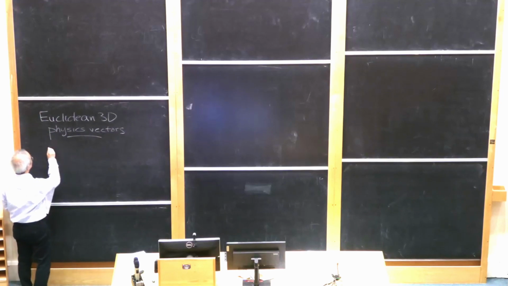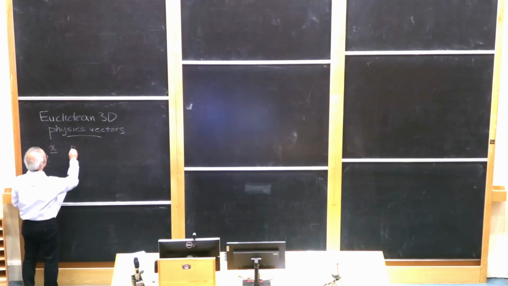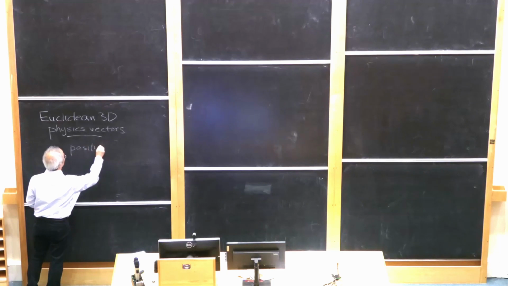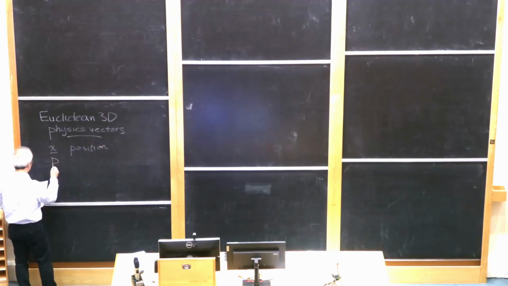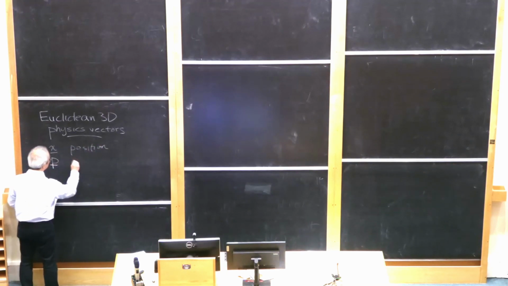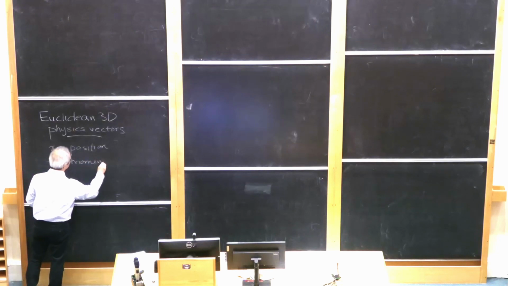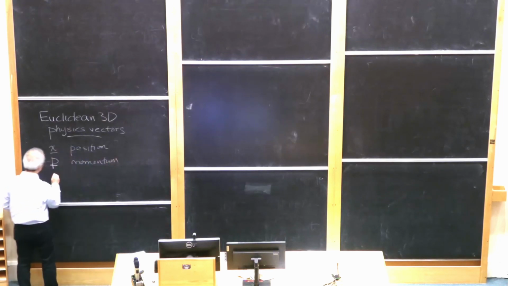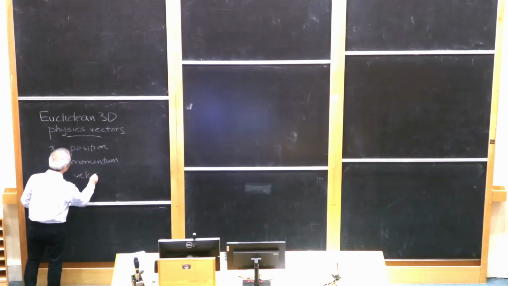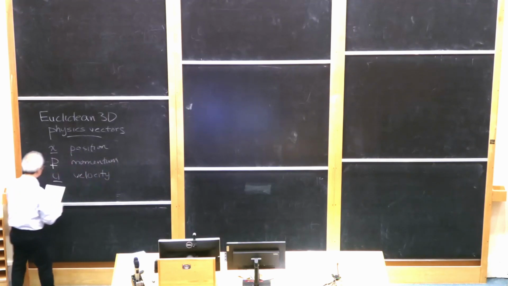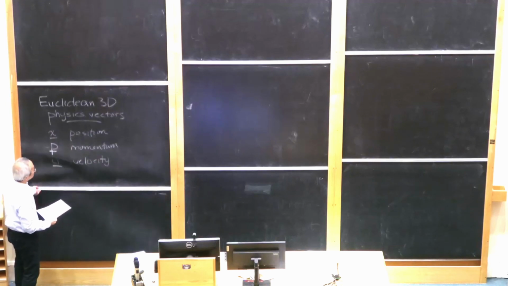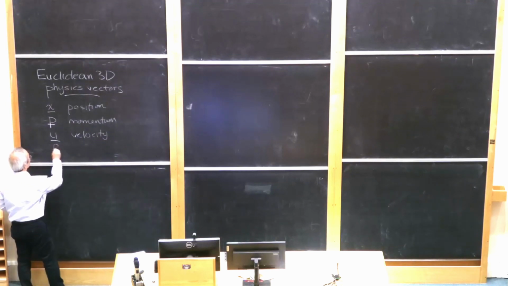Of course, you have things like position, momentum, and oftentimes, for some reason, we use u for velocity, but obviously these are just names. No big deal. And then you also have things like force.